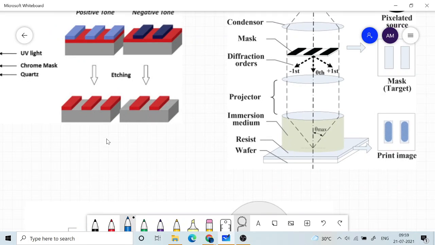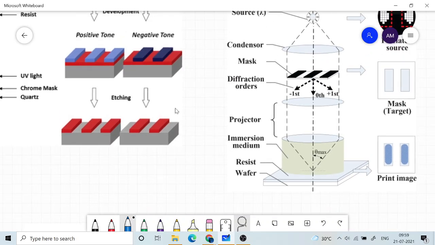Okay, all right. So now after the lithography is done, what we ultimately create is the resist, the pattern is now in the resist. It is not yet transferred into the film, the metal film or polysilicon film.